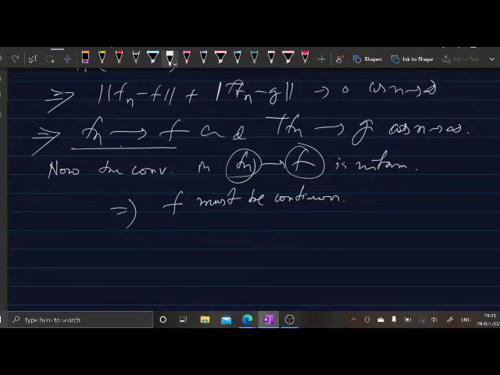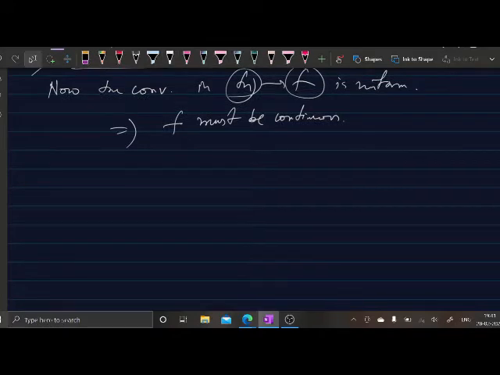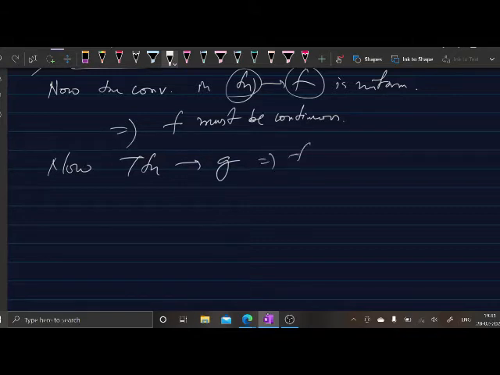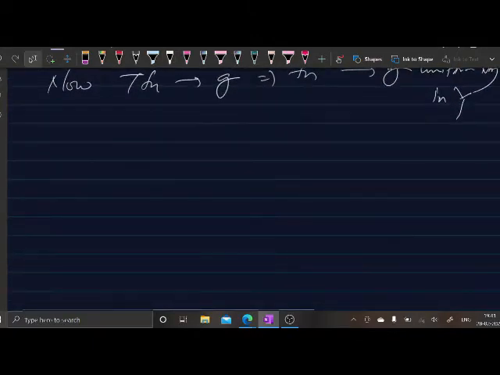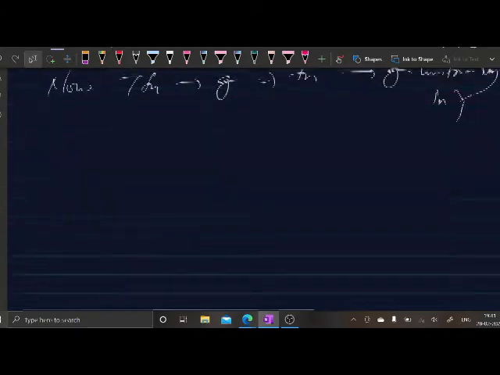Now again, what is the limit of T f_n? Now T f_n tends to g, that means f_n dashed tends to g, and this convergence is also uniform in Y, because we have considered the sup norm in Y also, okay.